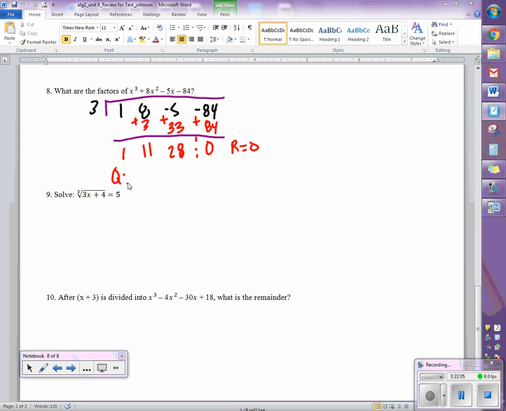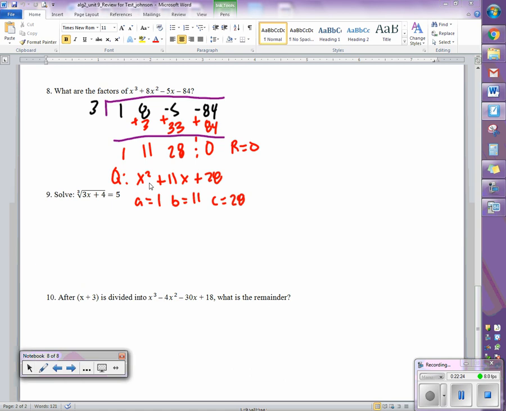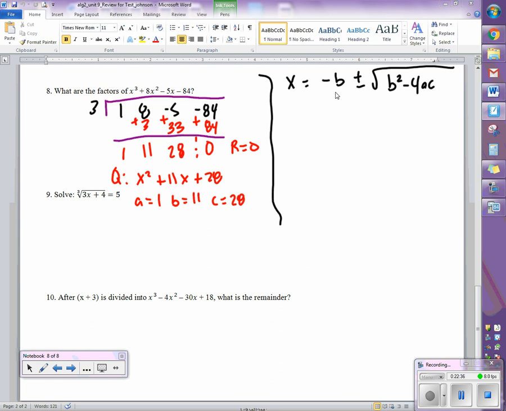And the quotient is x squared plus 11x plus 28. So a is 1, b is 11, c is 28. So let's use the quadratic formula and find the others. x equals opposite b plus or minus the square root of b squared minus 4ac, all over 2 times a.